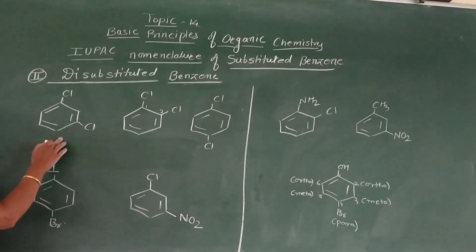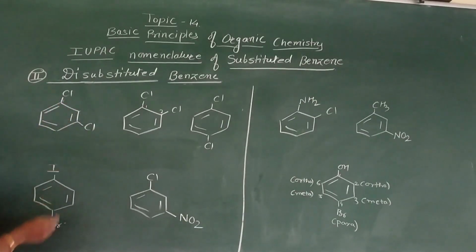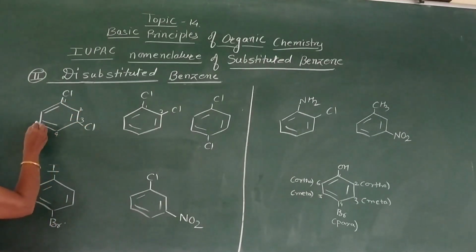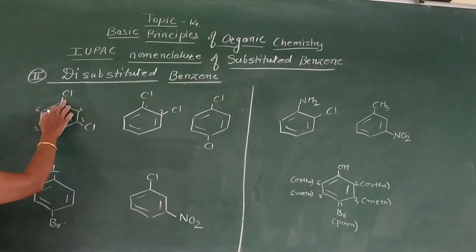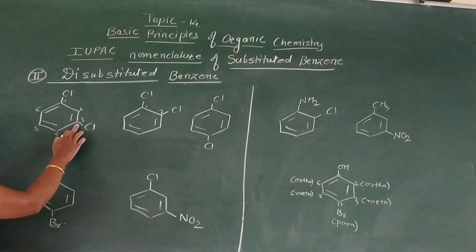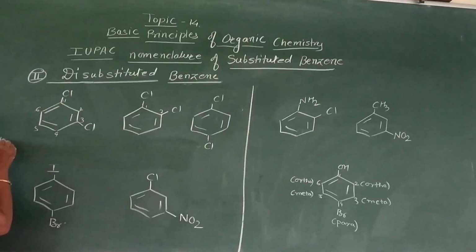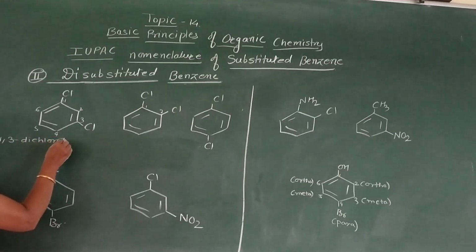First example. Now in this case, this benzene is bonded to 2 chlorine atoms. Now we give numbering 1, 2, 3, 4, 5 and 6. Now here at 1 position there is chlorine, at 3 position there is chlorine. That is, it is 1,3 dichlorobenzene.